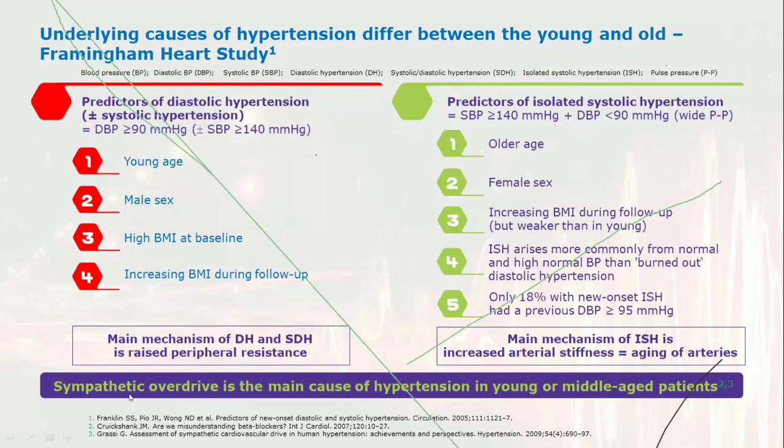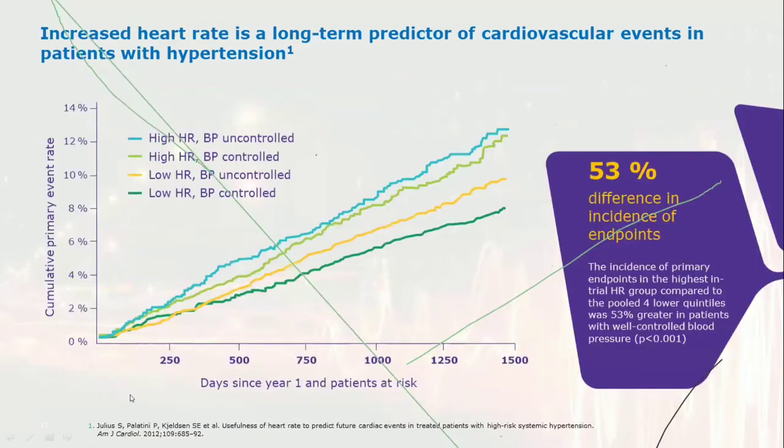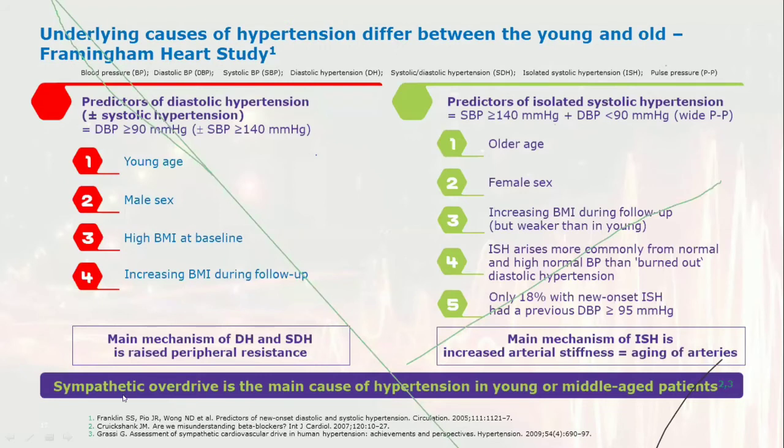So the case I'm trying to build here is that the younger individuals or the middle-aged patients have a sympathetic overdrive. So even if the guidelines do not recommend the use of beta blockers, we can make a case for that.